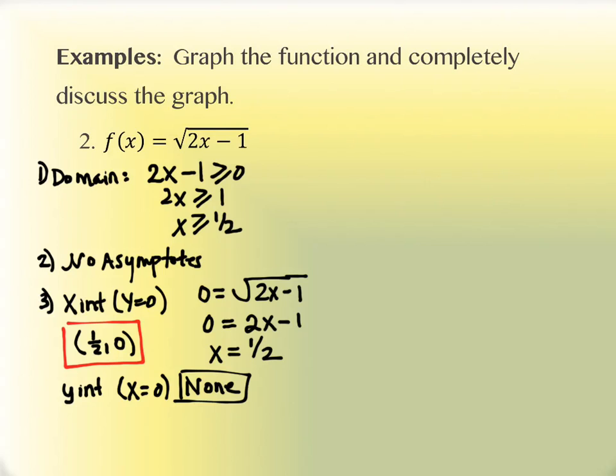In particular, we're then looking for where the graph is increasing or decreasing. And that's a derivative. So this piece right here, we can write it with a power 1/2. In fact, I think I'll move it there. So what is the derivative of 2x minus 1 to the 1/2?